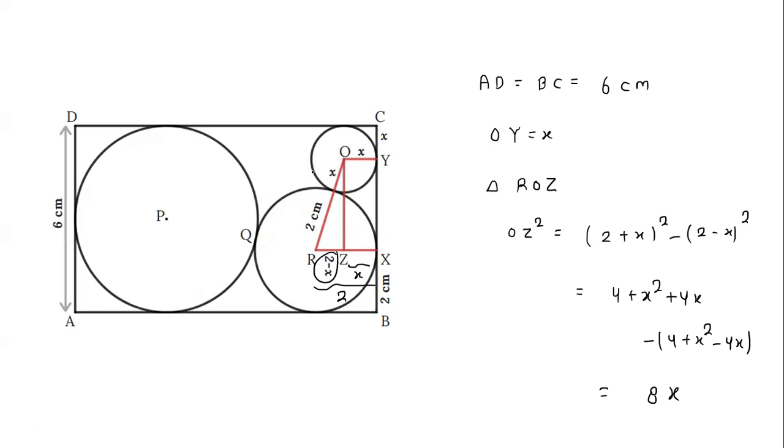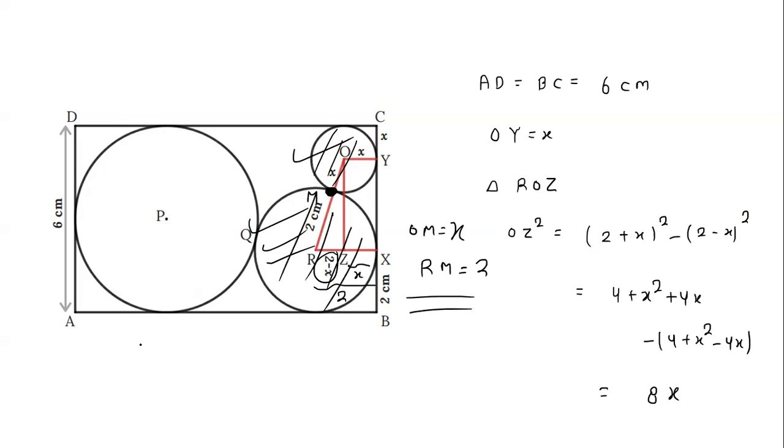And we also know this circle and this circle are touching at this point. Let's assume this is M. So this OM distance, we know it is the radius of this circle, which is X, and this RM distance, we know it is the radius of this circle, which is 2. R is this point.